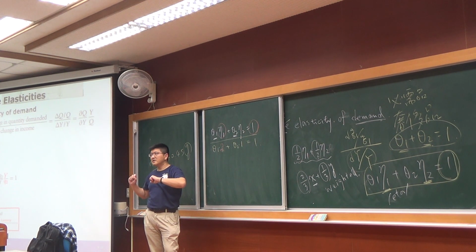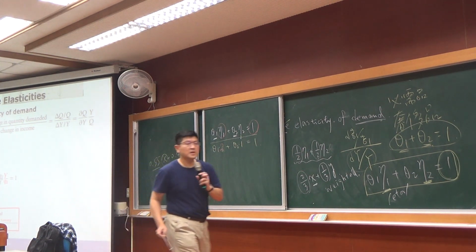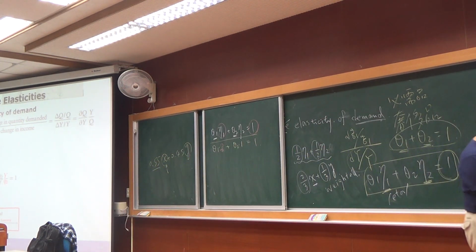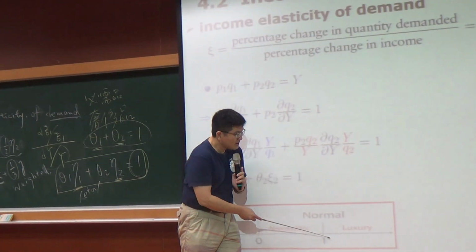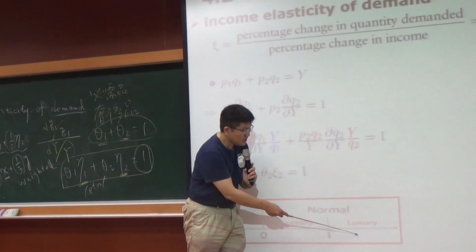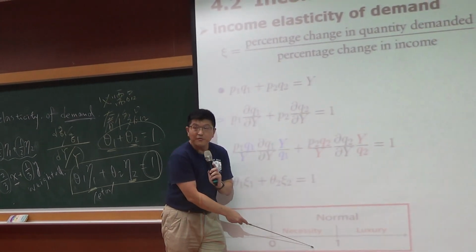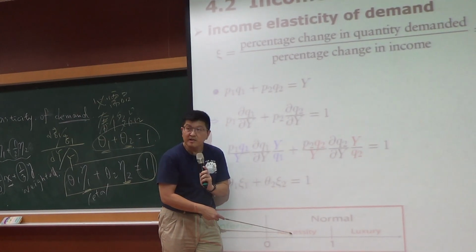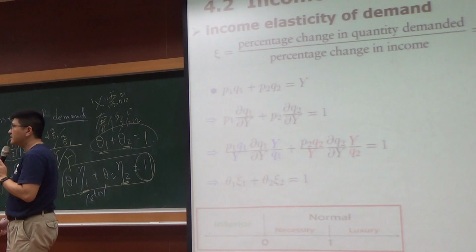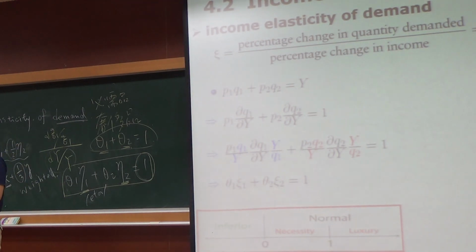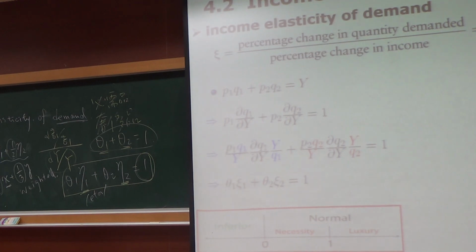Okay? So when both of them are at this value, and if one good goes to the luxury region, the other must be either necessary or even inferior. Is that clear? When you raise one up, you must lower the other one.